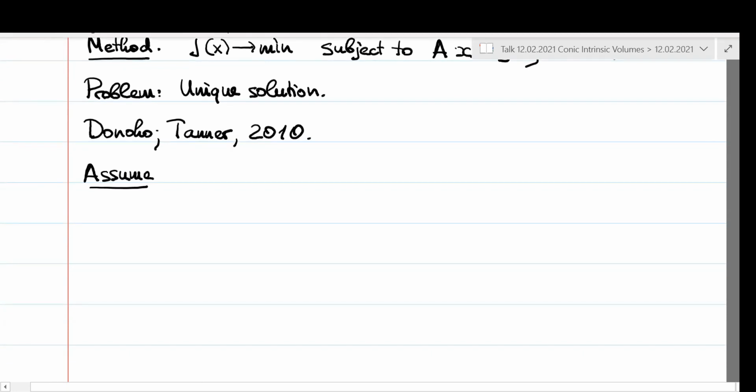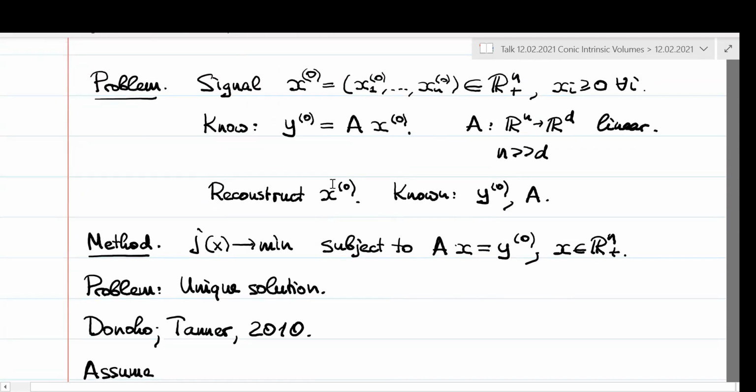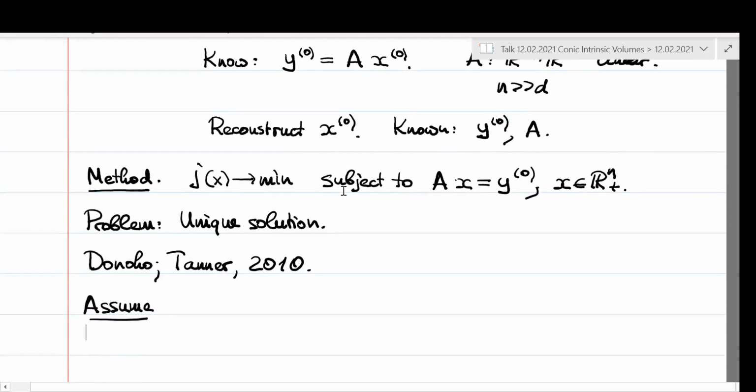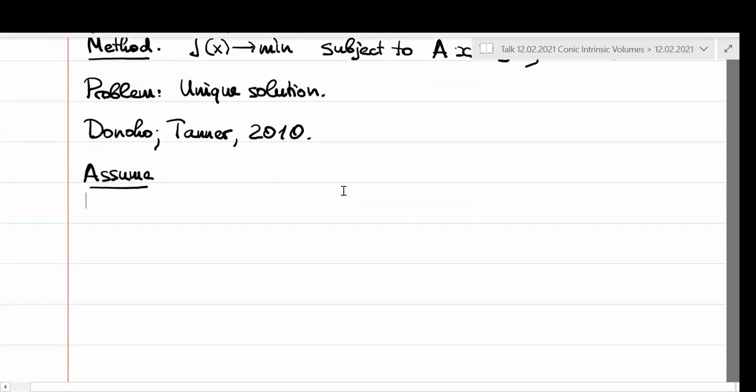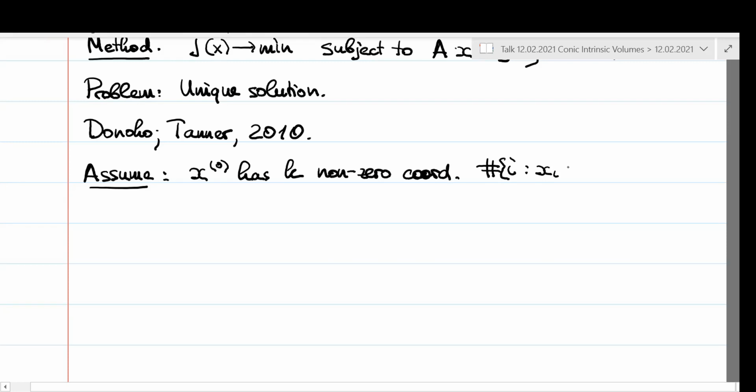So the result will depend not on x0, but rather on the number of non-zero coordinates of x0. So let us assume that x0 has exactly k non-zero coordinates. So the number of i such that x_i^0 is not 0, which means it is strictly positive, is k.